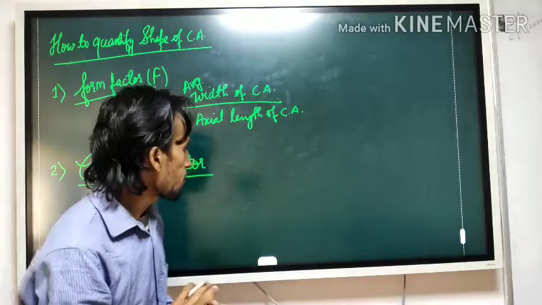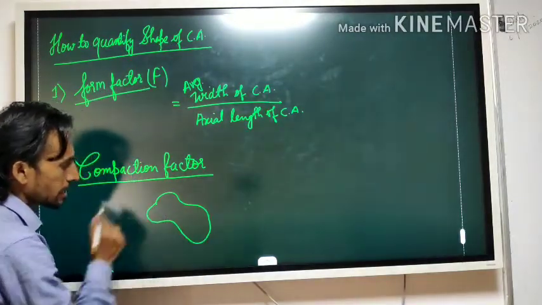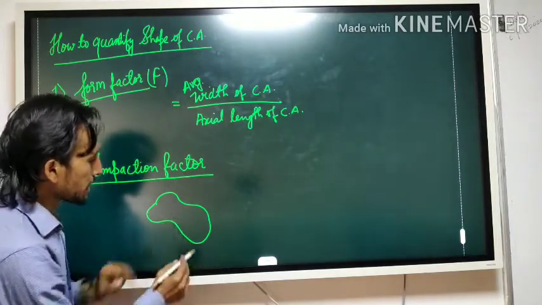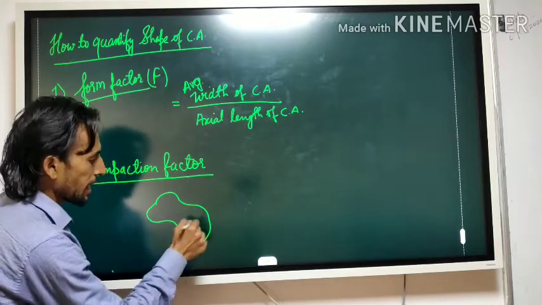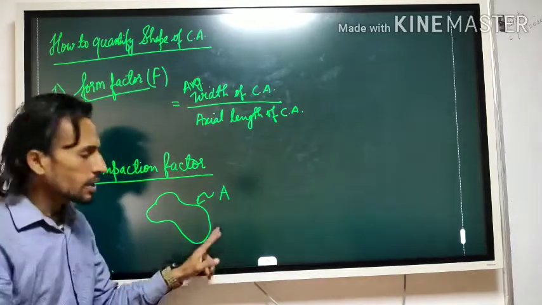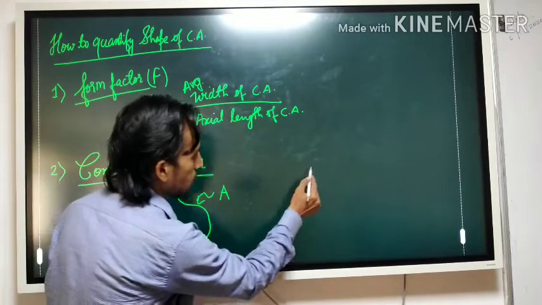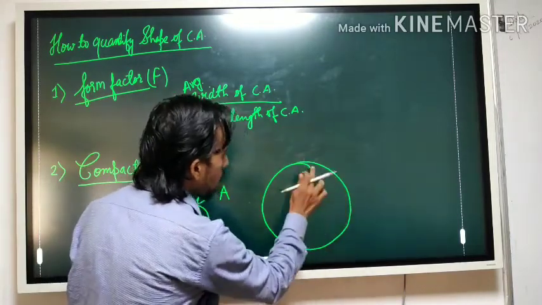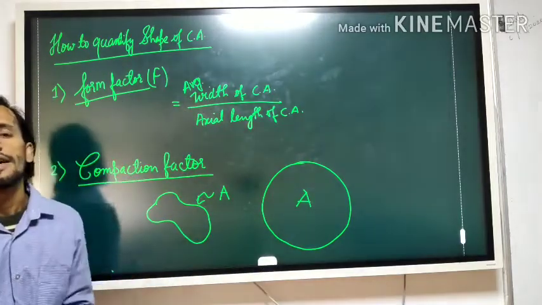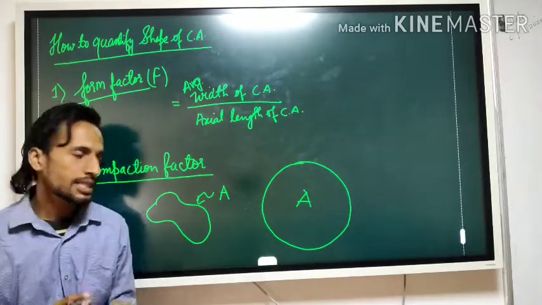If there is a catchment area like this, with area, let us say, A, they will draw one circle which has the same area as this catchment, the same as this basin.